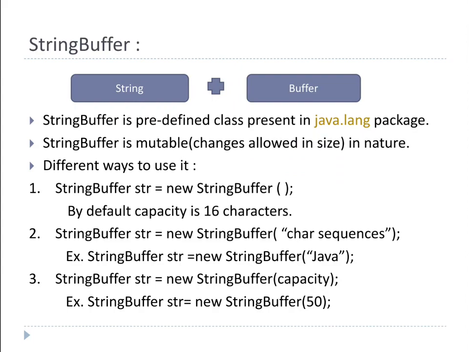And the third way, we directly write the capacity. What we want to write, we can write it. It doesn't indicate that we have to fill 50 characters there. It indicates we have a capacity of 50 characters, but it doesn't mean we have to fill 50 characters. We can have 10 characters, 20 characters, 30 characters, and then the remaining places are empty.